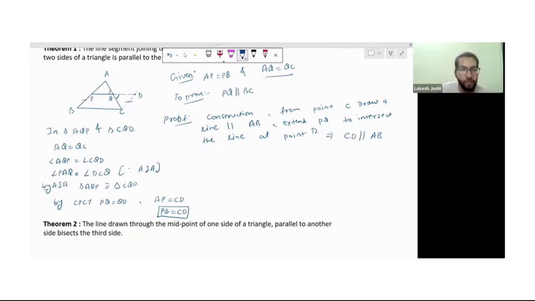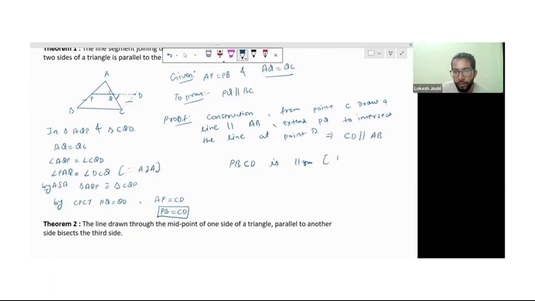Now, if we prove one thing, that it should be parallel, we know, or we can show it is equal, so this will be a parallelogram. Now it's already proved because one pair of opposite sides is equal and parallel. So we can say the given figure is a parallelogram. Now we can directly say PBCD is a parallelogram.